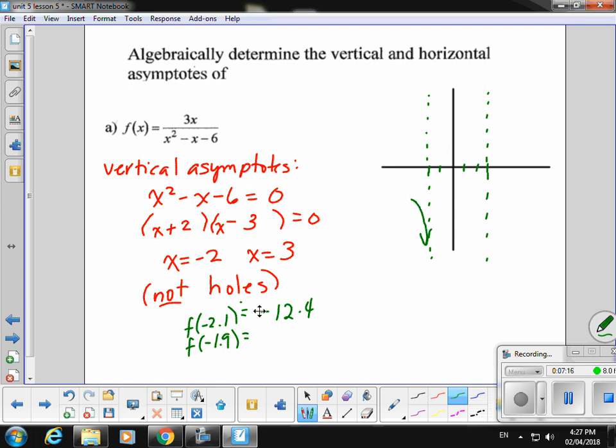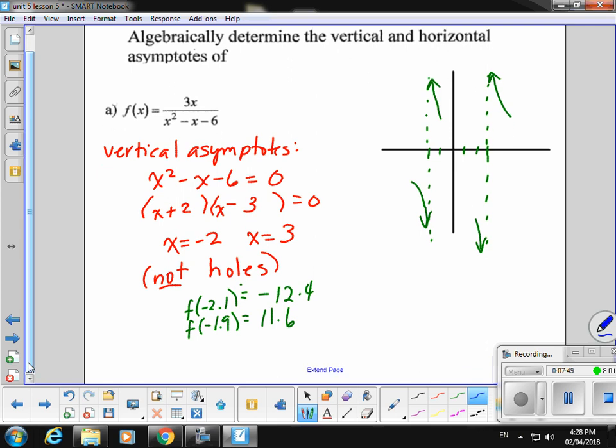As we approach from the right side, about 11.6. Big relatively speaking, so we appear to be approaching positive infinity there. And I do the same thing to the left and to the right of 3, and it appears to be approaching negative infinity and positive infinity by putting in some values. Okay, so my graph is very roughly started. We're going to look at horizontal asymptotes.